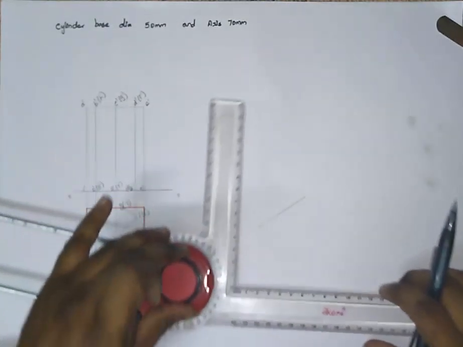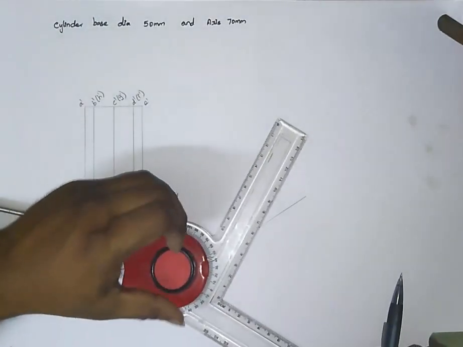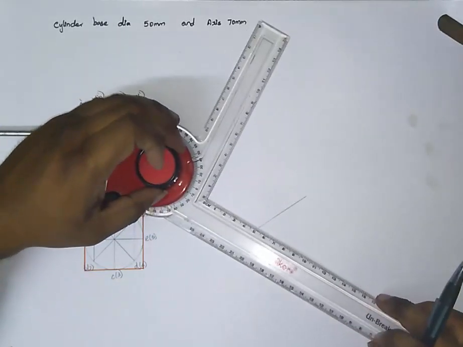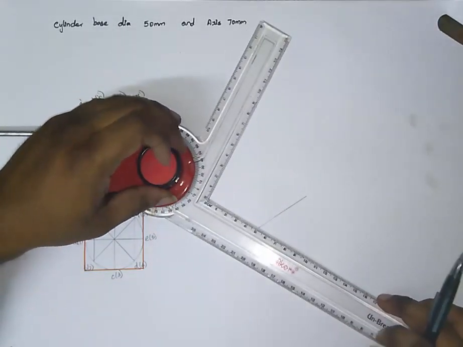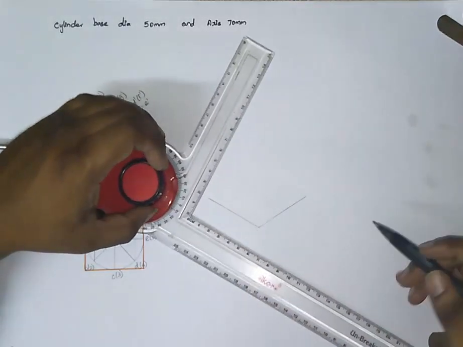For a 50 mm length you have to draw a line at a 30 degree angle like this. So next thing, in the opposite direction you rotate the drafter 30 degrees, then again draw a 50 mm line from here like this.